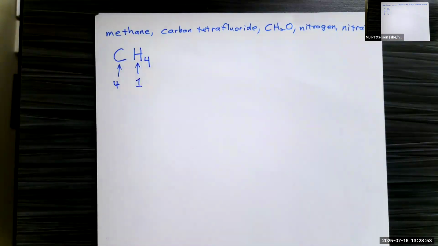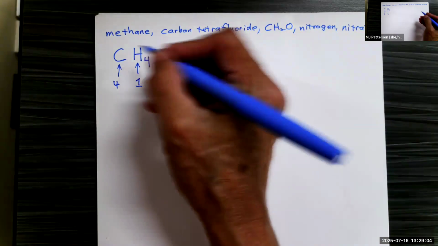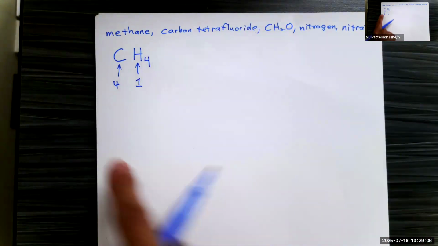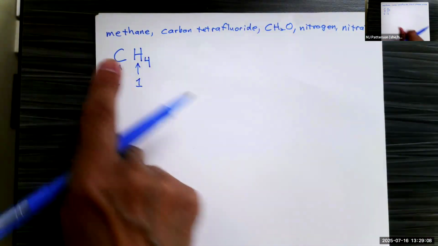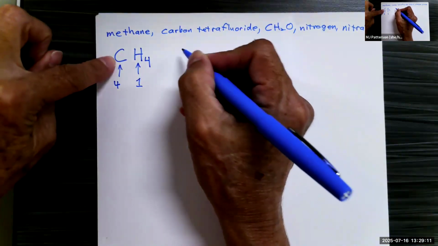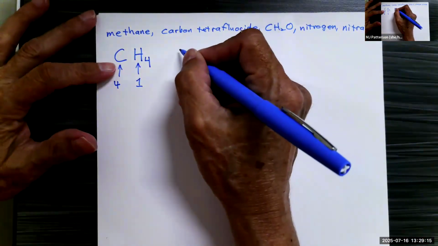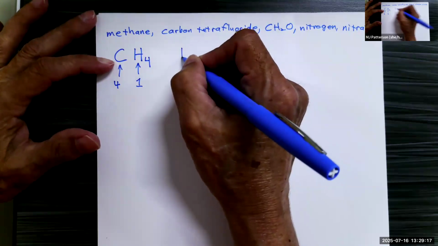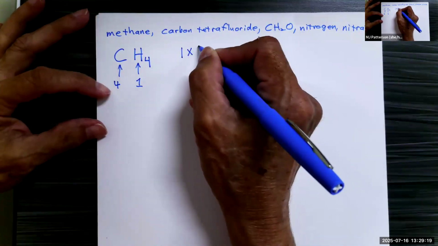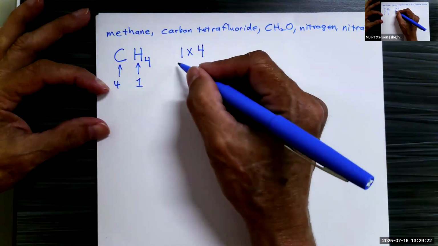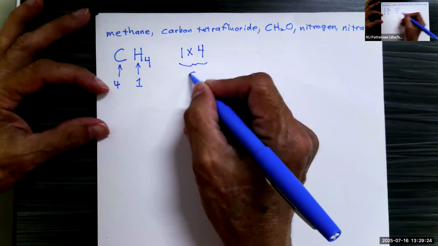And the way I normally do this, I like to see this if I'm checking students' work. It's a way just to double check that you didn't have a math error on this. What I normally do is I take the number of valence electrons, and the subscript, and we multiply them times each other. So carbon, there's 1 carbon, and the periodic table says that it has 4 valence electrons. So that's all for carbon.